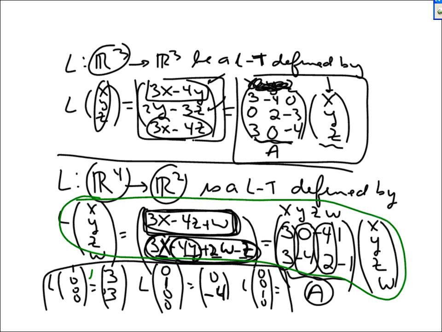I'll find L of E1, L of E2, L of E3, and I'd even be nice enough to find L of E4. But I already had the matrix before I even found the L's, the L of E1 and the L of E2, etc. So you don't have to do that. Your teacher will never know that you didn't do that.